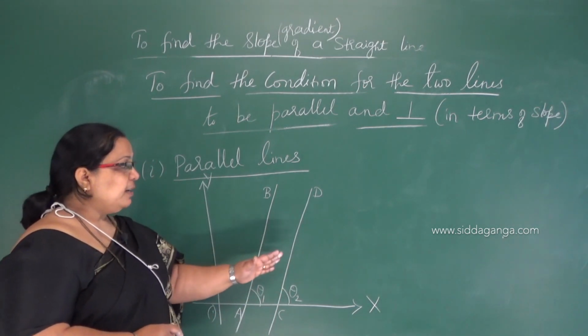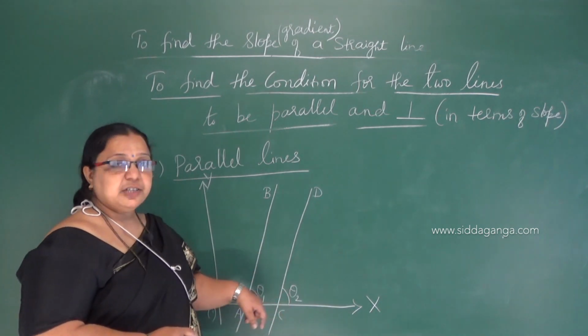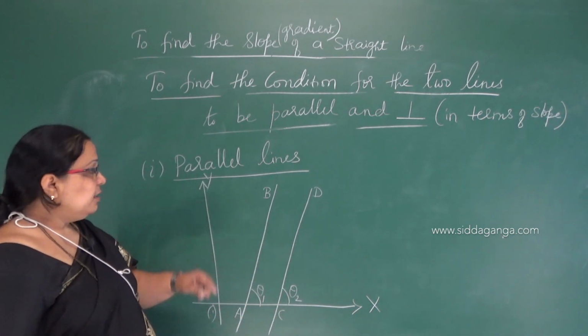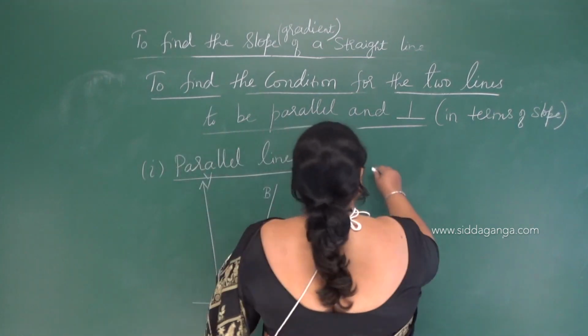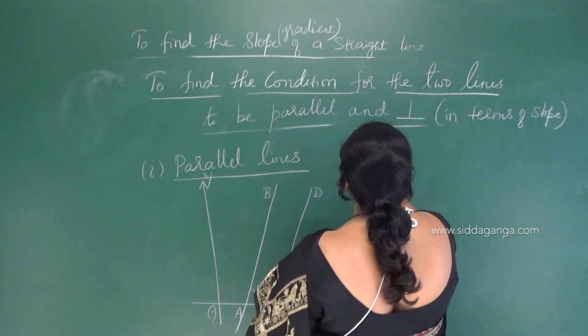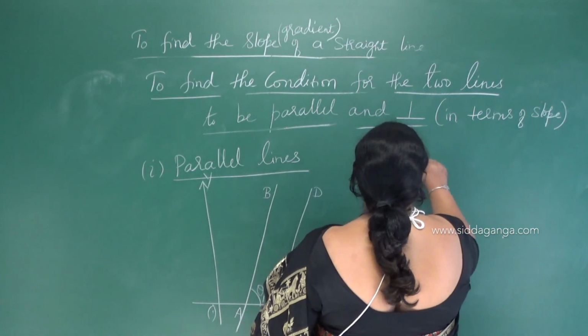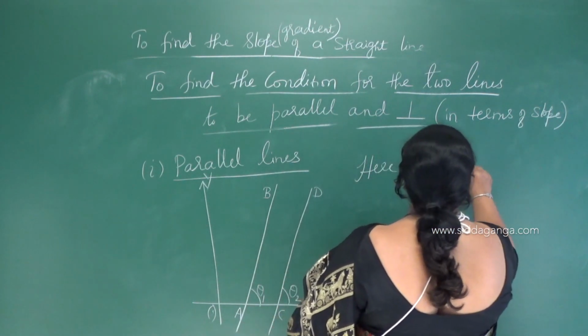Since they are parallel, we know that these two angles are equal. So theta 1 equal to theta 2.